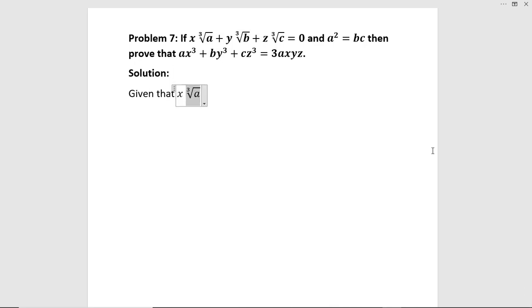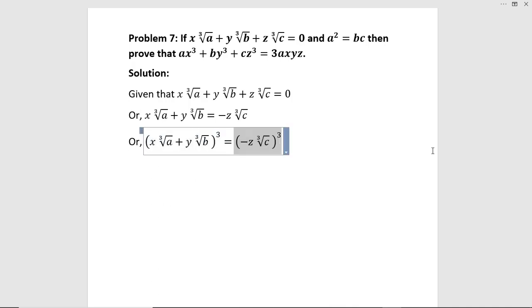Given that x cube root a plus y cube root b plus z cube root c equal to 0, or x cube root a plus y cube root b equal to minus z cube root c. Now we can take cube of both sides. We must know the formula of whole cube: a plus b whole cube is a cube plus b cube plus 3ab into a plus b.